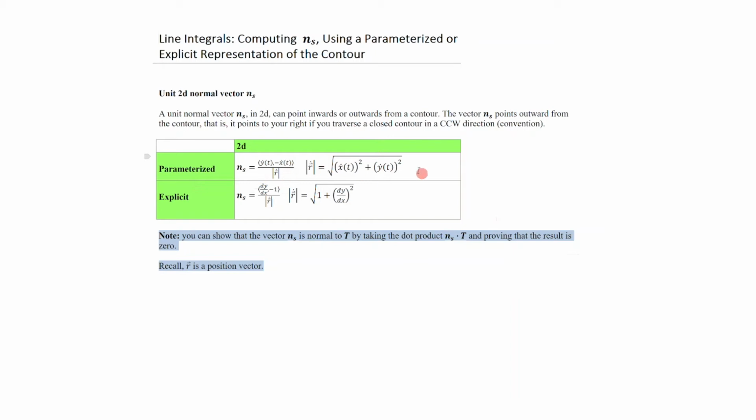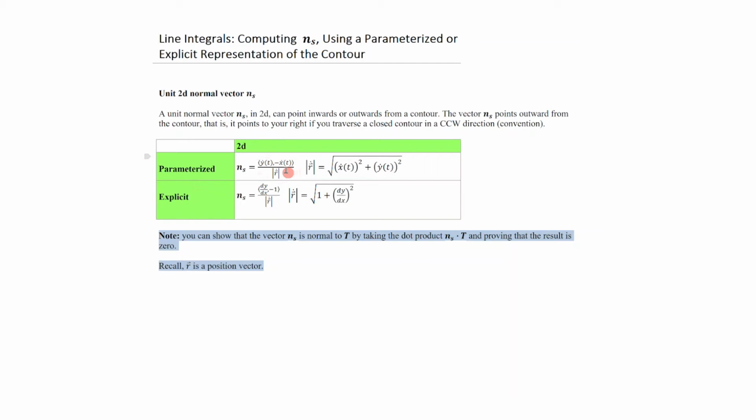The magnitude is not any different than before. It's going to be x dot squared plus y dot squared. And the only question now is, is the minus sign on this side or on this side? Well, you can show that this formulation will have a normal vector pointing outwards from the contour given that you're moving in a counterclockwise direction around the contour.